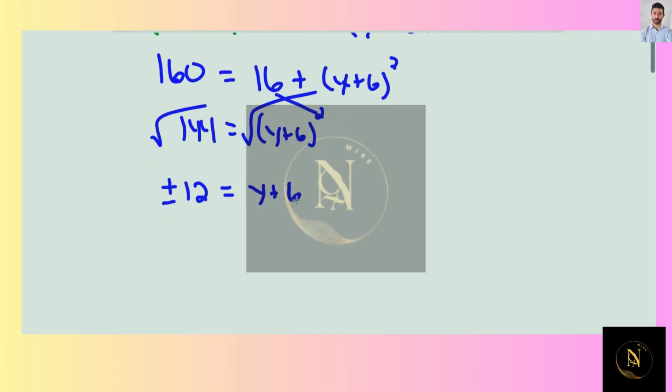And so y would equal -6 plus and minus 12. I'm not sure that you need to worry about the negative version. You might just be able to say y is 6. But it could also be -18 as well.